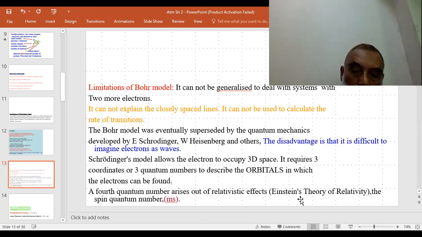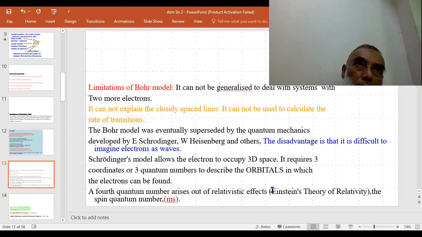Actually, they proposed that these atoms are not two-dimensional, but three-dimensional, and they gave different quantum numbers for an electron to describe its energy level, its alignment, its position, etc.